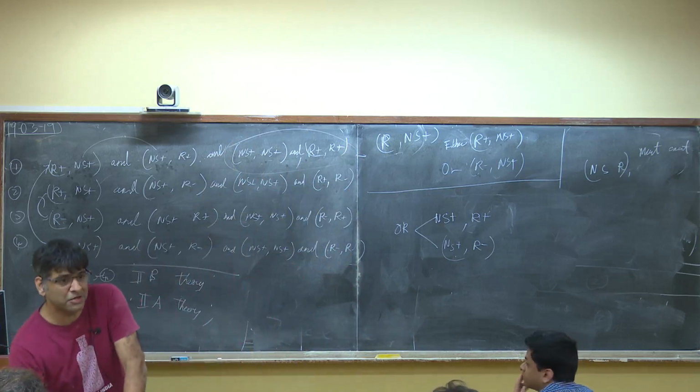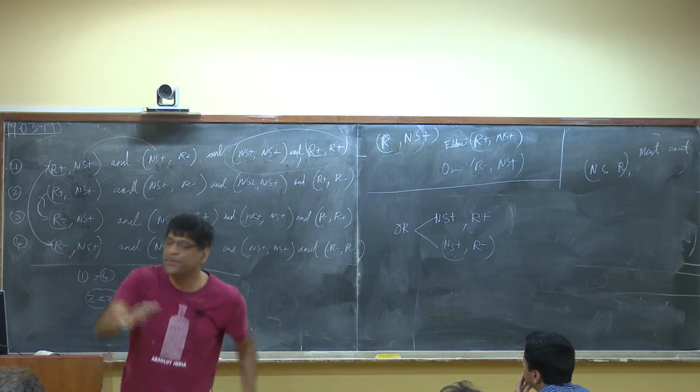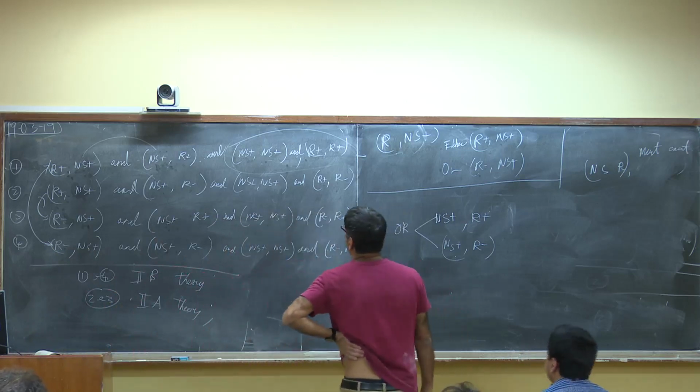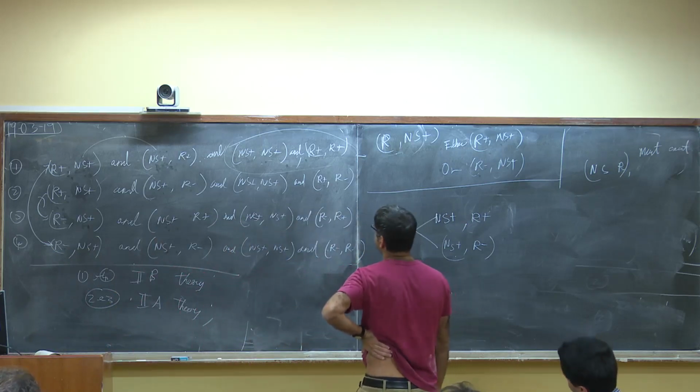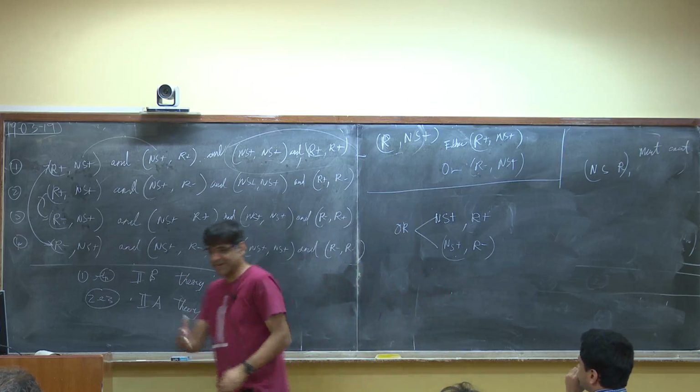But it turns out that this is not modular invariant. In fact, you can probably quite easily see that. We will see it in detail very soon. Let's try to see that.